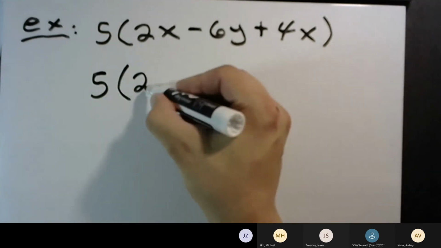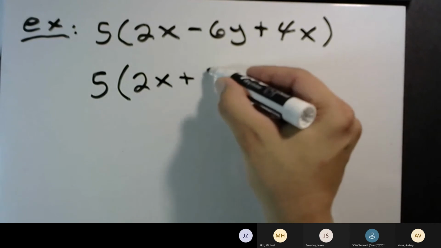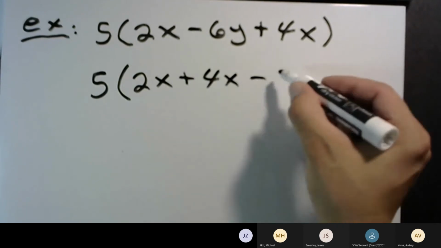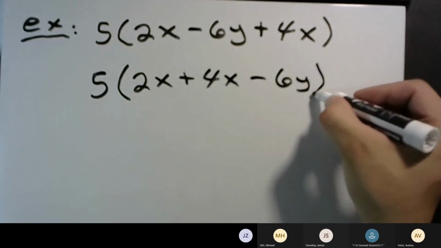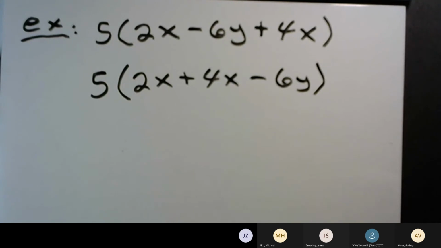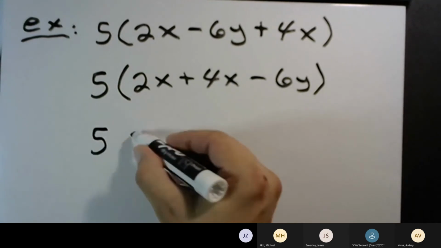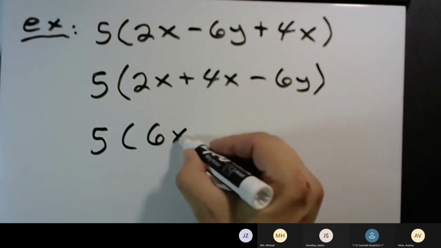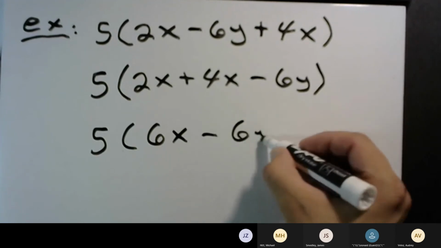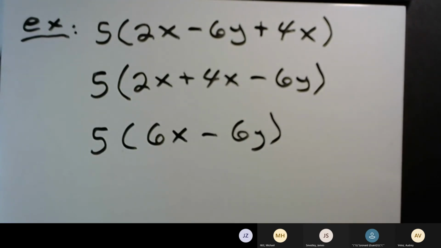So this will be 2x plus 4x minus 6y. And so we'll have 5 times 6x minus 6y. Now, these don't combine. As tempting as it is to say this is 0, we can't. This is a type x and a type y. They're actually two different numbers.